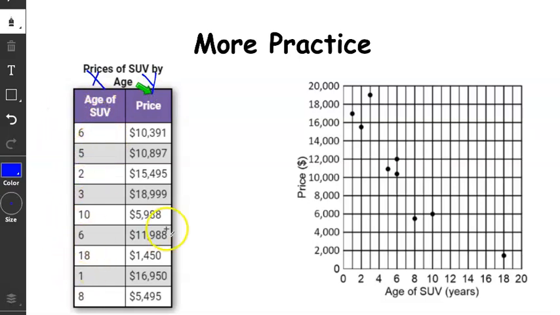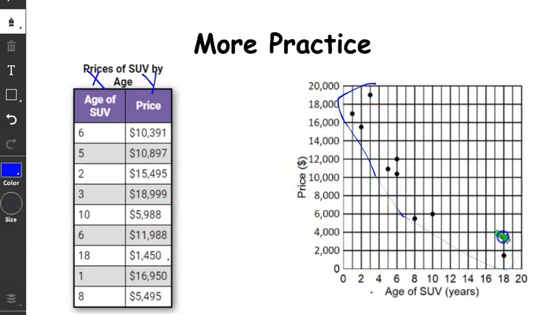The age of the SUV, the increments are by 1 along the x-axis down here. The y-axis is the price of a car, so they went ahead and used 2,000 as their increments and then plotted their points.